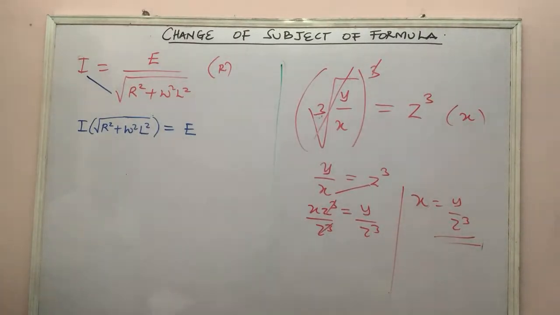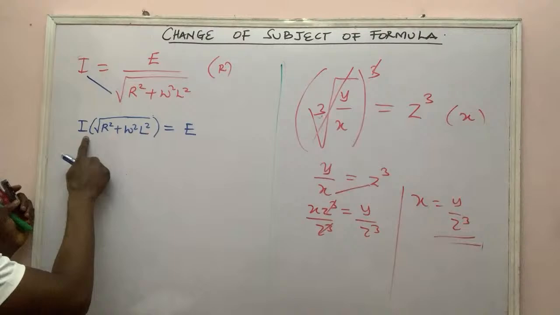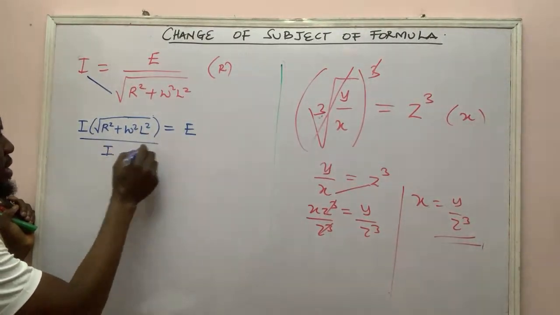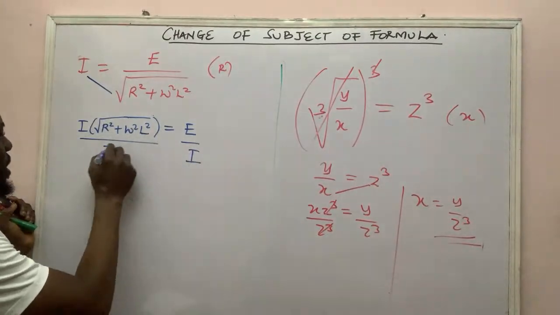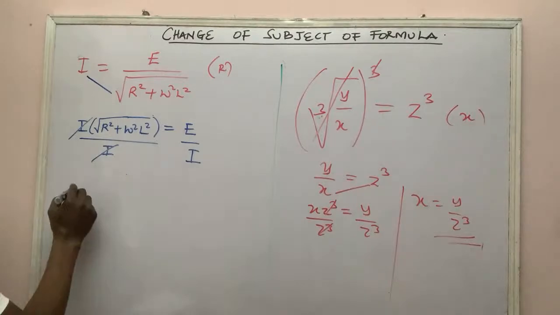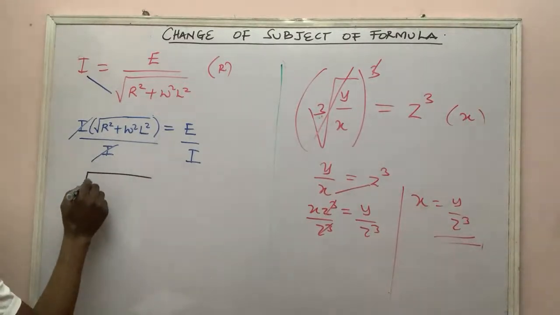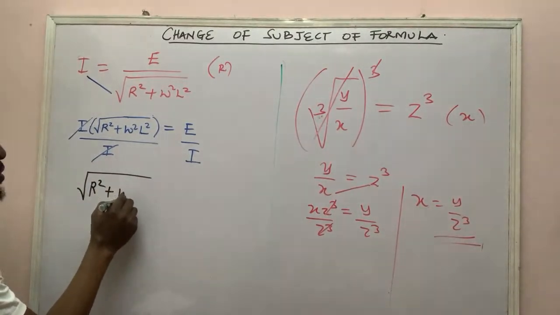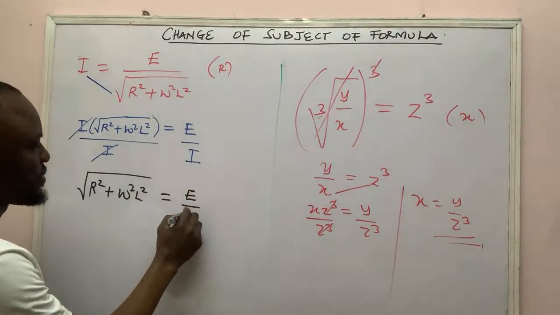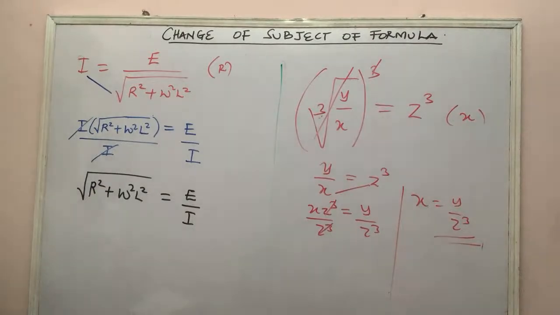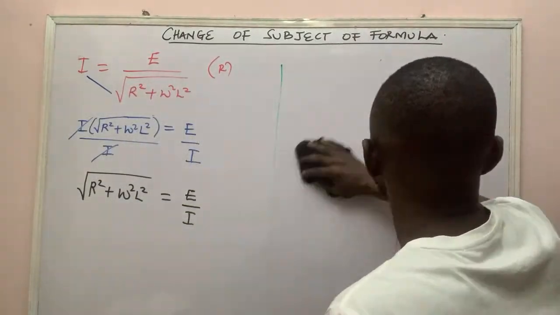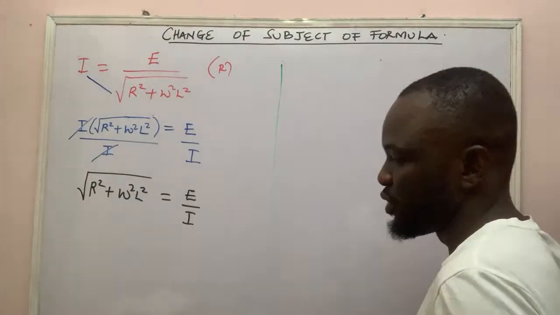Now the second thing we need to do, let's divide the equation through by I. So I will strike out I. So what next? We have the square root of r squared plus w squared L squared equals E over I. All right? Now, the next thing is that we have this in the root form, and we want to get rid of that root.